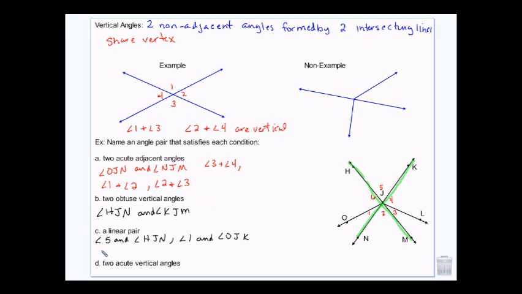I could say angle 5 and angle KJM. That would make this straight line. Or I could say angle 3 and angle LJH. So there's 4 different correct answers for this.